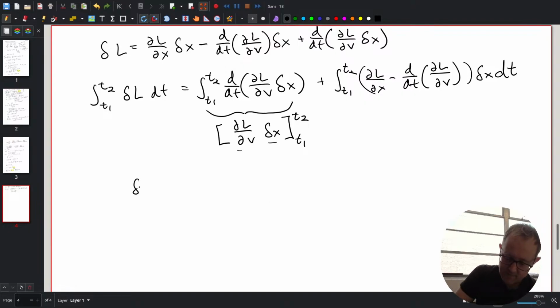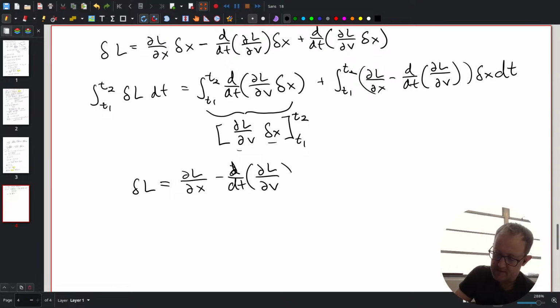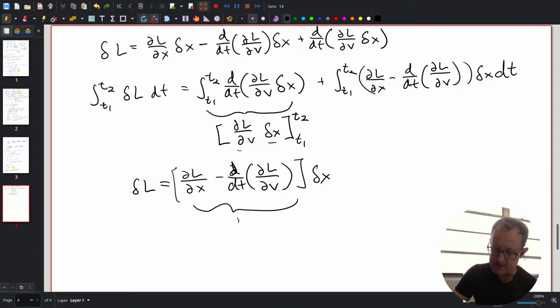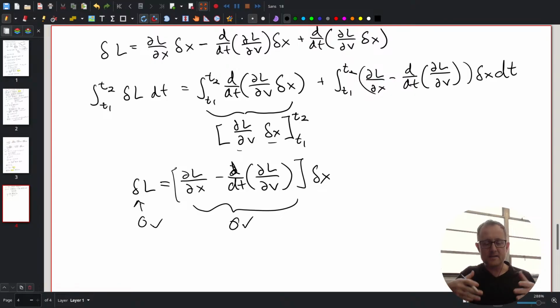So then we end up with this final term, that delta L is dL/dx minus d/dt dL/dv times that delta x. We don't want delta x to be 0, we want this thing to be 0. So if that's 0, delta L is 0, and if delta L is 0, then nature has gone through the line of least action.